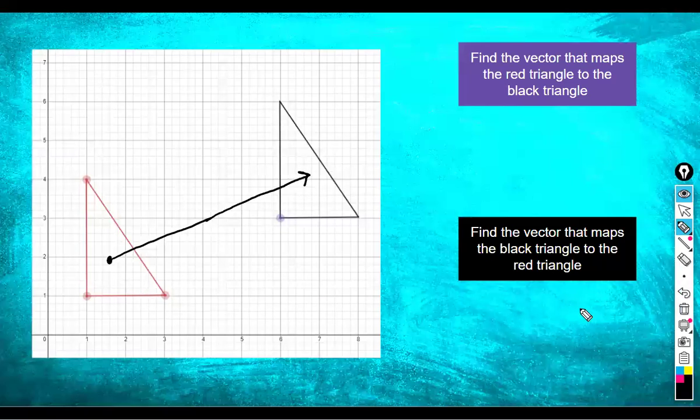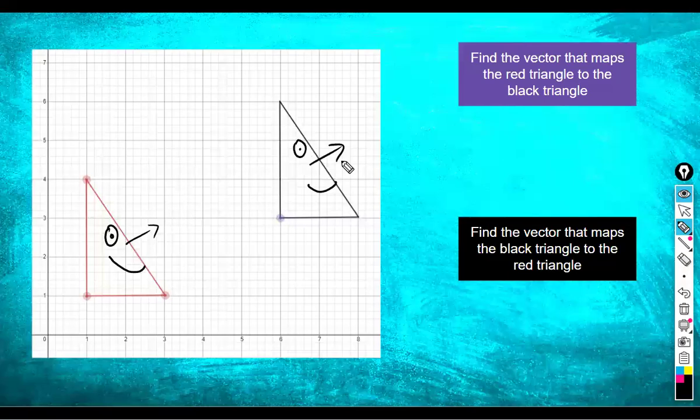Now, if you notice, the triangle hasn't changed its orientation. Like if this was its eye and this had a mouth, the eye and the mouth face in the same exact direction, right? It hasn't been rotated, it hasn't been reflected. So this is clearly a translation, the easy types of question.